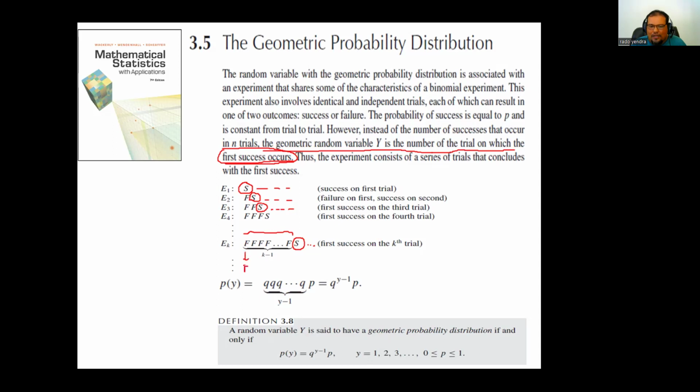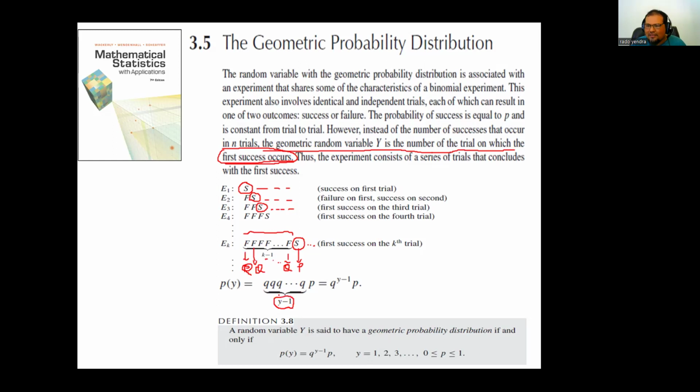If we have y trials, of course the failed trials number y minus 1.